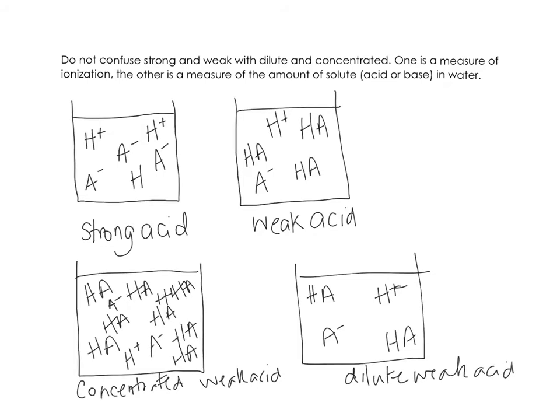So concentrated and dilute talks about the amount of solutes, the amount of particles in a given volume. Strong and weak talks about how much has ionized, how many have formed ions.